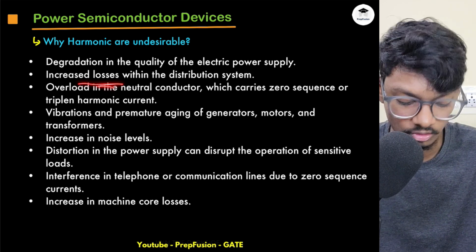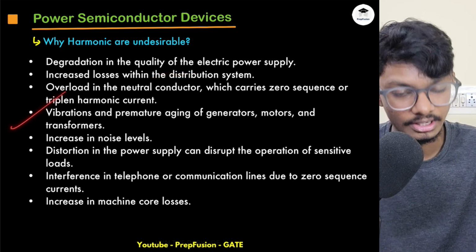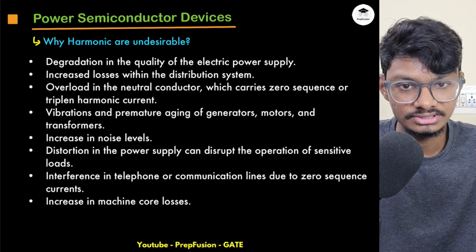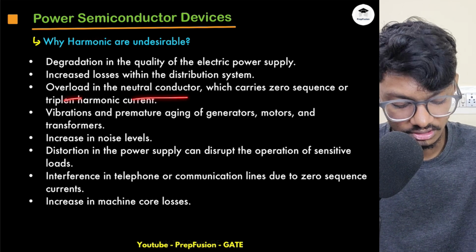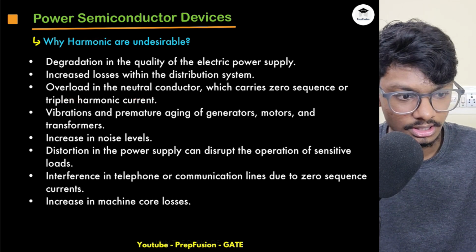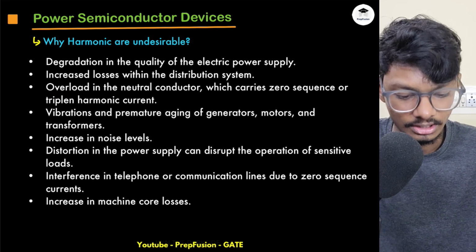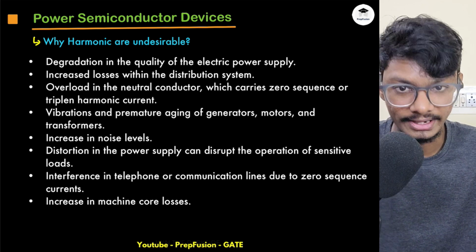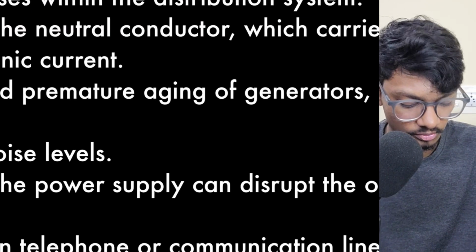It also increases the loss within a distribution system. All this we will understand in power system. Just a few things that are not good about harmonics, like overload in the neutral conductor. Basically all the harmonic components will flow through the neutral conductor itself. If our system is balanced, our neutral current will be 0 and there will be no current flowing through it.